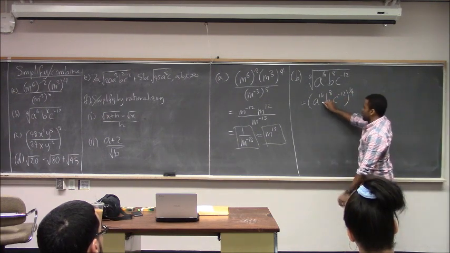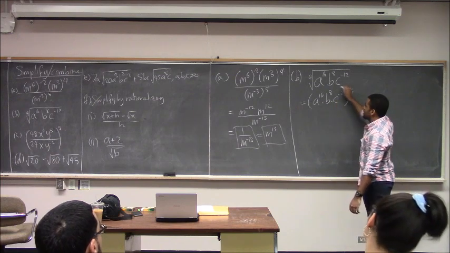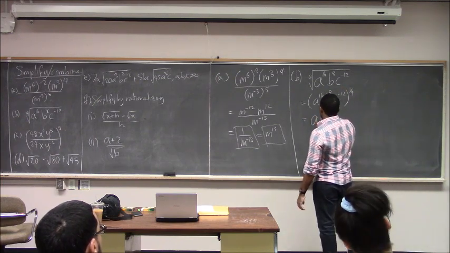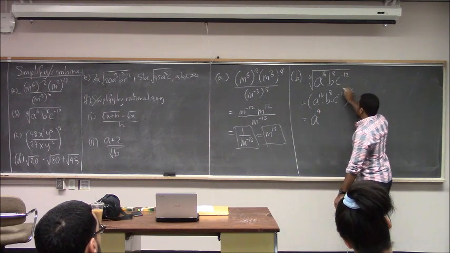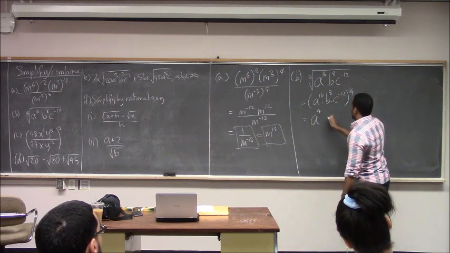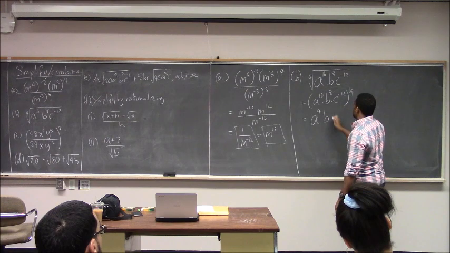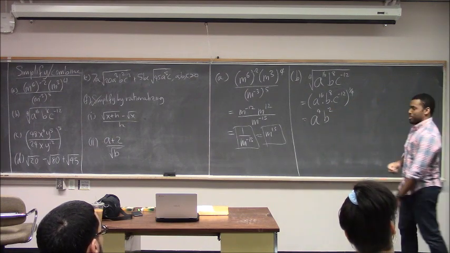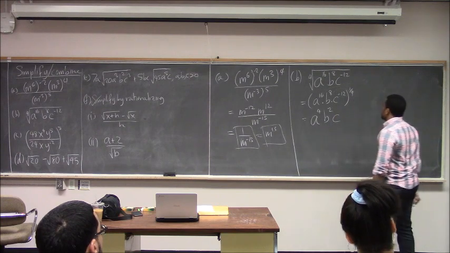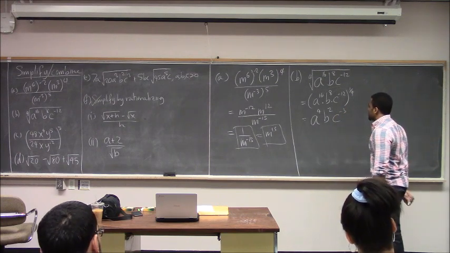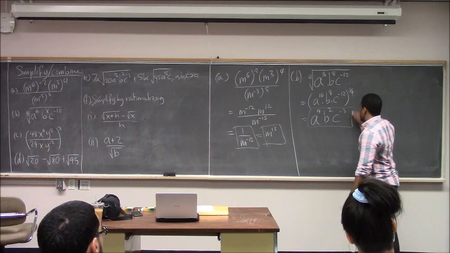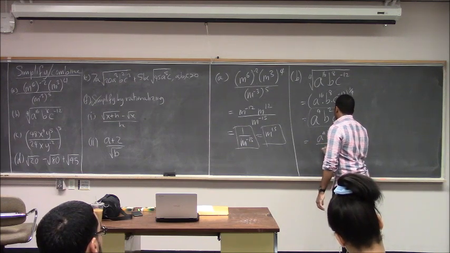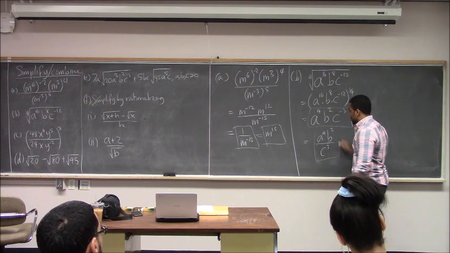Remember you can distribute powers across products. So I can just multiply 16th by a quarter. So that's a to the 4th. Multiply this. B to the second. B to the 2. Okay, and C to the minus 3, or 1 over c cubed. Again, I don't particularly care if you leave it like that. But if you're practicing in your textbook or something, they might have the answer in that form.